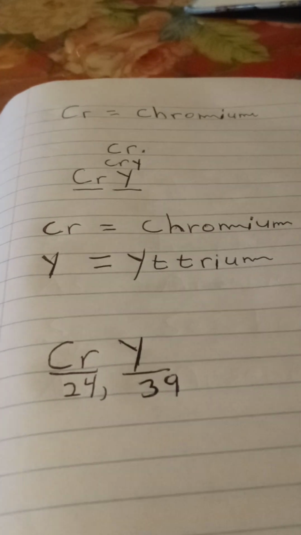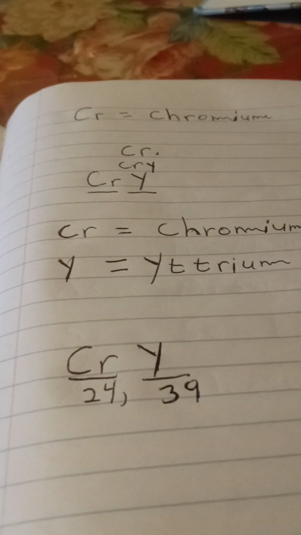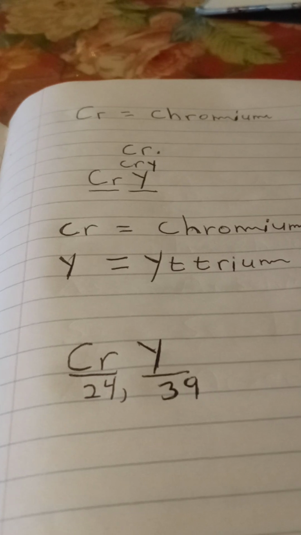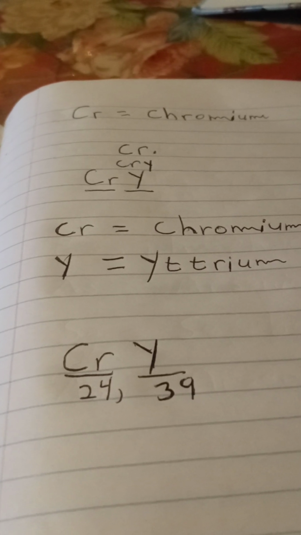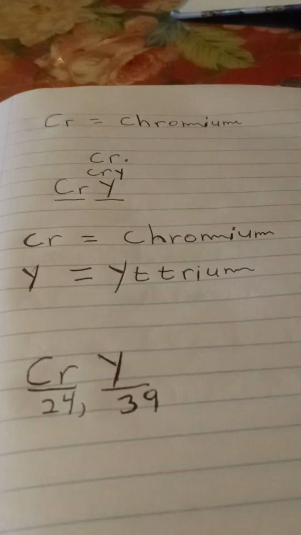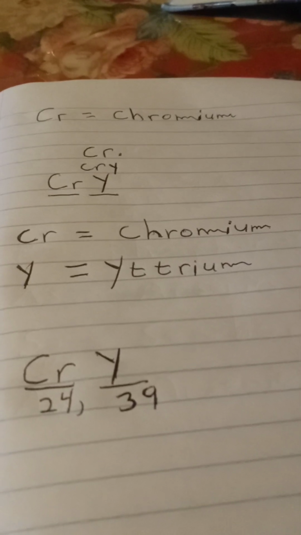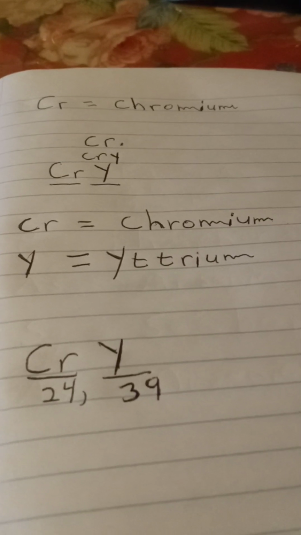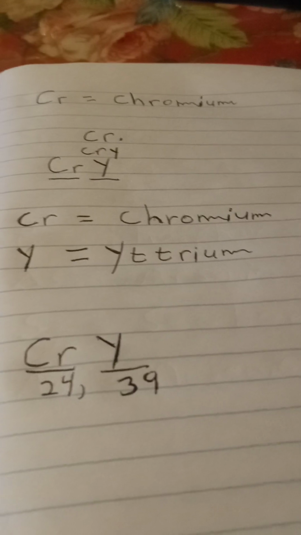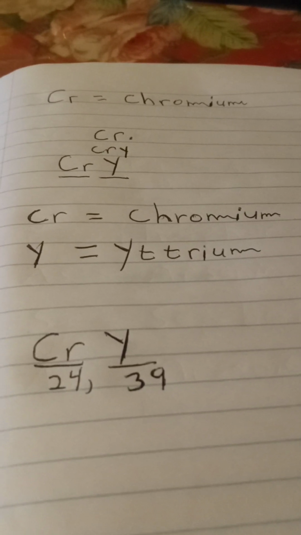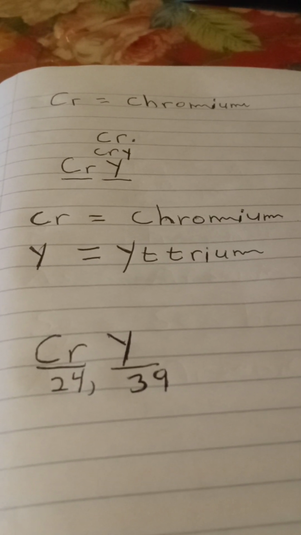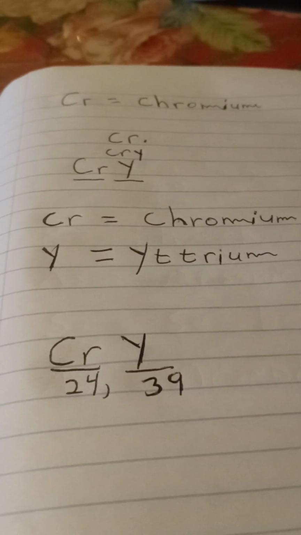Believe me, if you take your time and study my way, you'll have a great memory and it's very hard to forget these chemical symbols and atomic numbers. This is a sure way to remember. Take my word, this is the best way to do it.